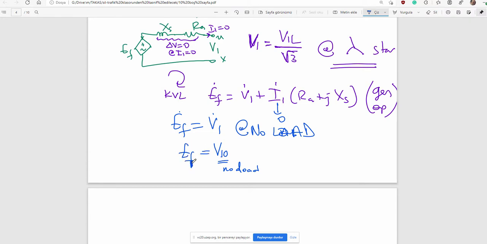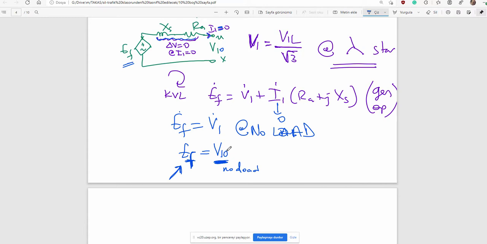Remember, sometime I said that is the no load EMF. That is the no load voltage across the terminal. When there is no load, there is no current, so there is no voltage change due to load current. So the induced EMF can be directly seen across the terminals.